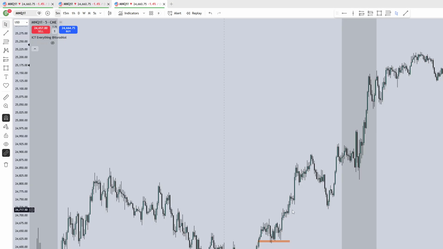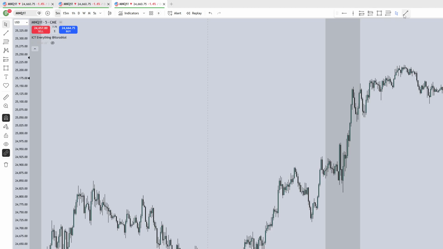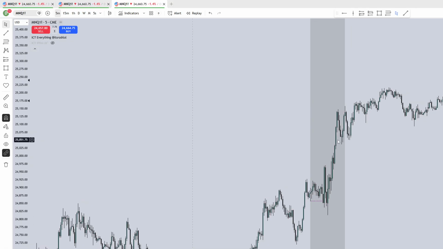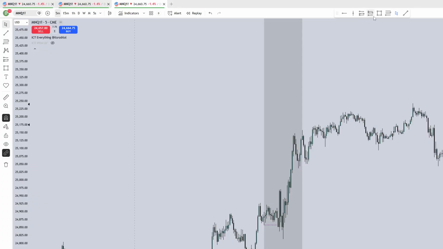And that kind of sets the stage for this sell stop raid here. Raid the sell stops here. And then we're displacing higher. But notice these are not at discount.